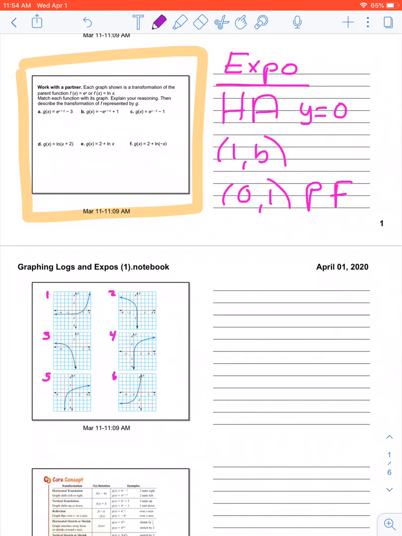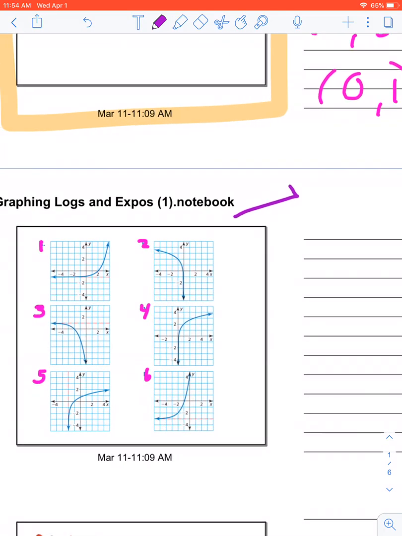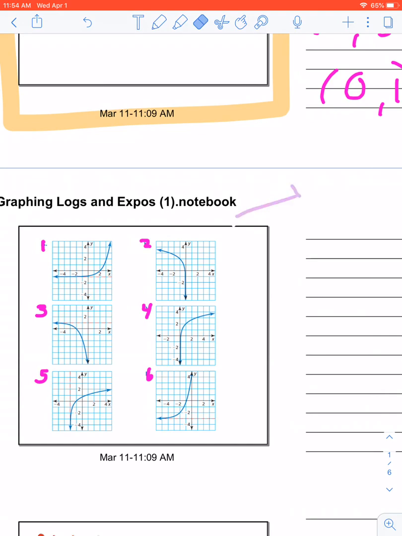So right away, if I look at the picture a little closer, I know that number 3 has a horizontal asymptote. I know number 6 has a horizontal asymptote, okay? And I also know that number 1 has a horizontal asymptote.